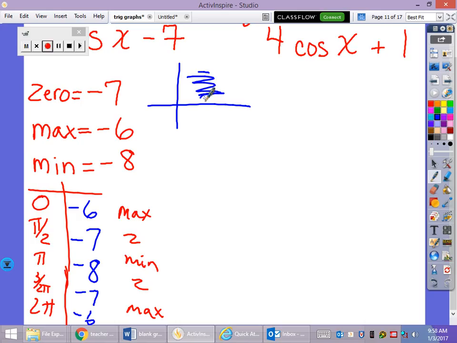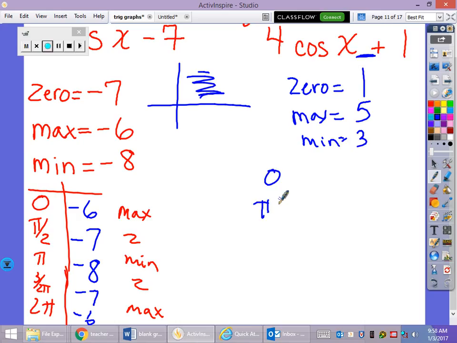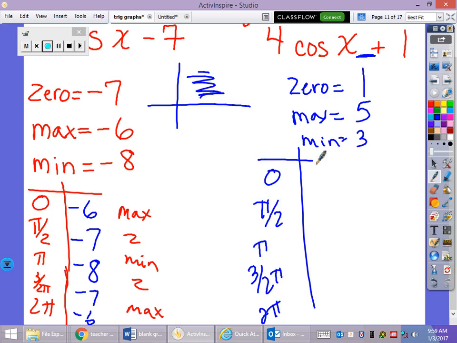They're symmetrical. Okay, so what is the 0 in this one? 1. The max, 5, and the minimum, 3. There is no phase shift, so 0, pi over 2, pi, 3/2 pi, 2 pi, okay?